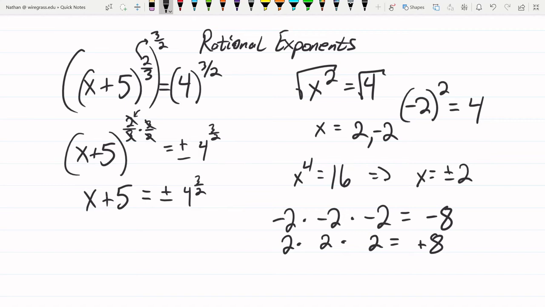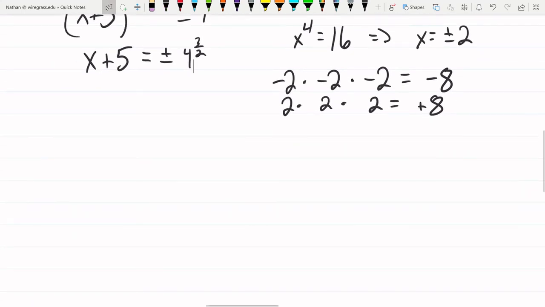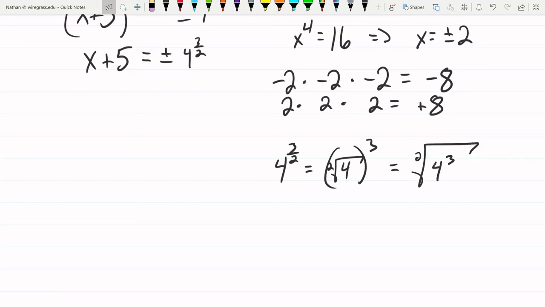Now, what is 4 to the 3/2? Well, there's a couple ways you can do this, but the easier is probably taking the root first. 4 to the 3/2 is the same thing as saying the square root of 4 cubed. It's also the same thing as saying 4 cubed and the square root. The fractional power of 2 is the one that goes in front, and the 3 goes on top.